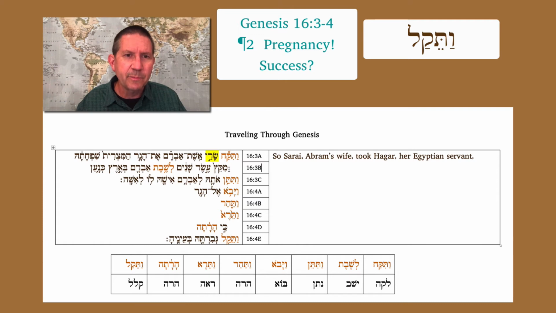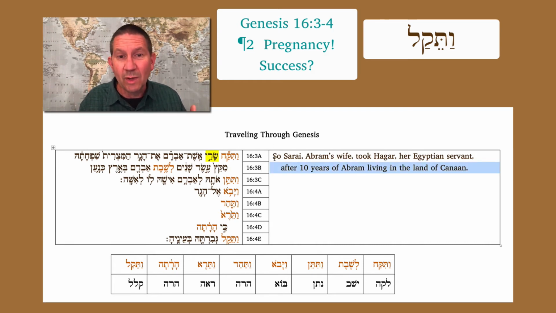Eser is 10. And then Shanim is from Shana, which is year, and we use the plural form up through 10. So Eser Shanim, 10 years. So this is after 10 years, Leshevet, from Yashav, to dwell, of Abram dwelling in the land of Canaan.